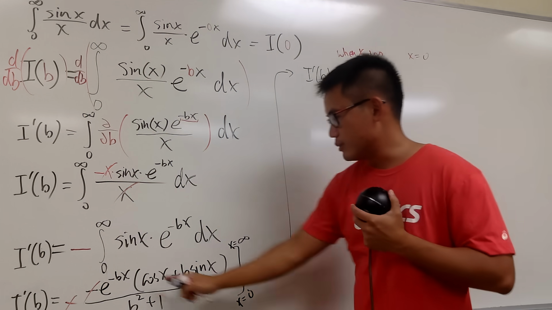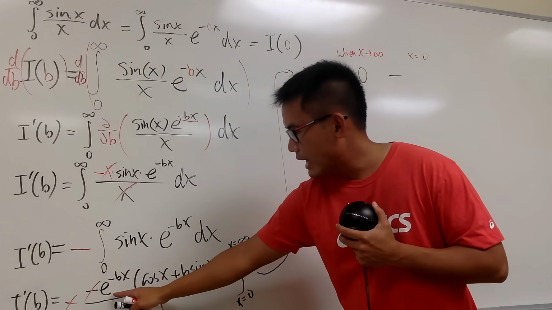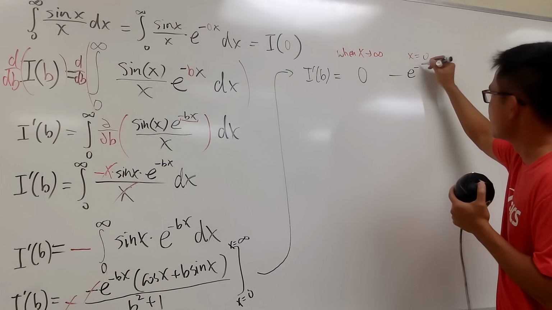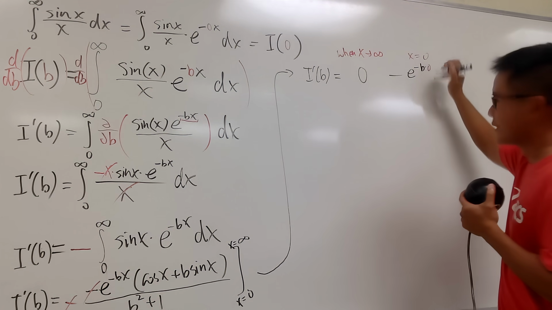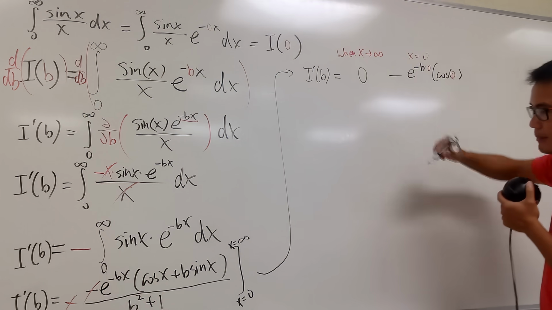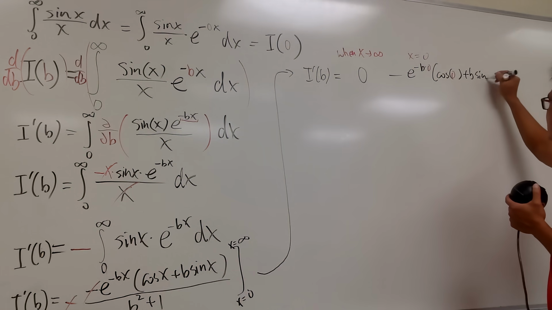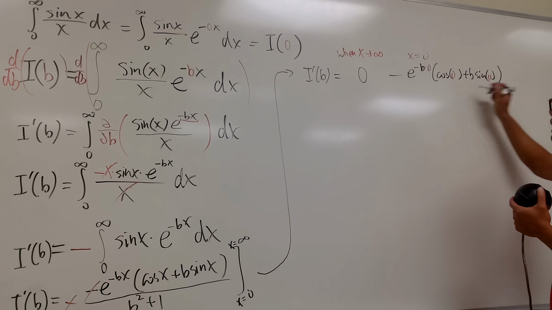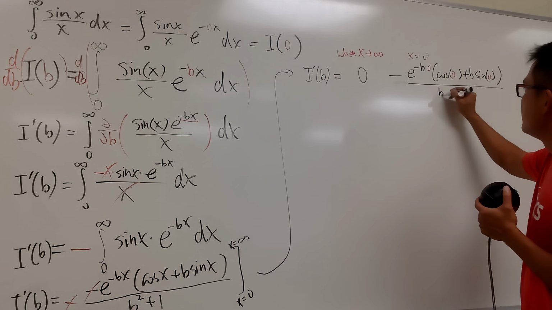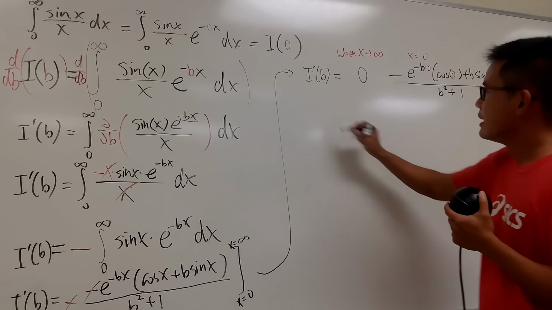I just have to plug in 0 into all the x. So we have e to the negative b times 0, times cosine of 0, plus b times sine of 0, and this is over b squared plus 1, right?